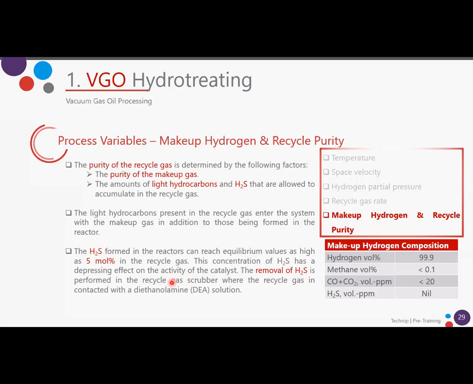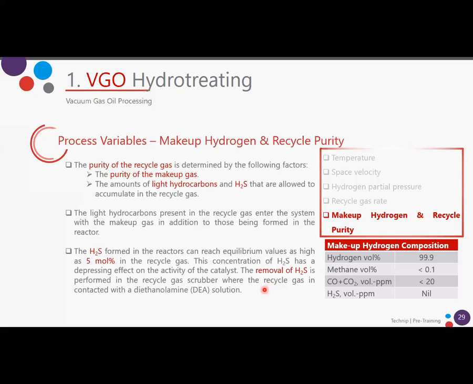We have seen in the process description that we have a scrubber for the recycled gas to remove the H2S, okay? Here we have the scrubber, and we use a diethanolamine solution to remove the H2S.